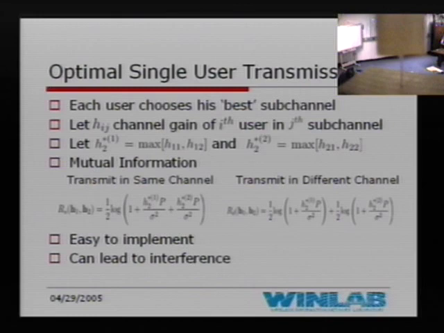I don't think it's, like, I think about that now. It seems like maybe it's not so easy, right? Because implicit is the idea that, oh, you choose your channel, I choose my channel, but how we're going to code depends on what we chose. So you look at the expression: if we transmit in the same channel, we're not going to use the same code as if we transmit in different channels.